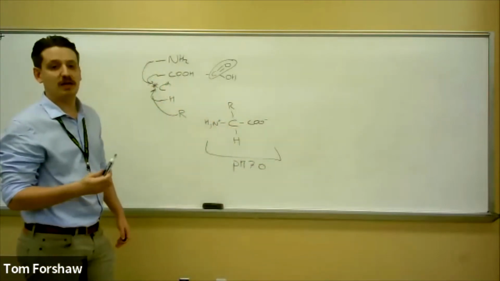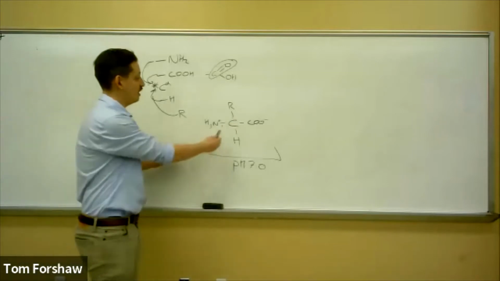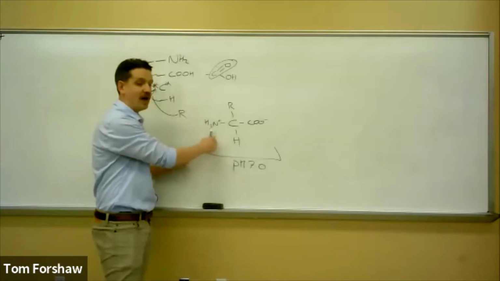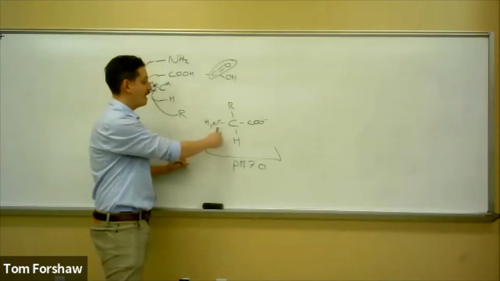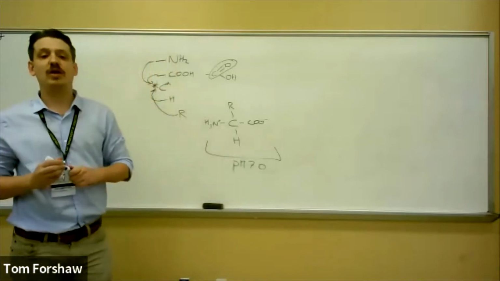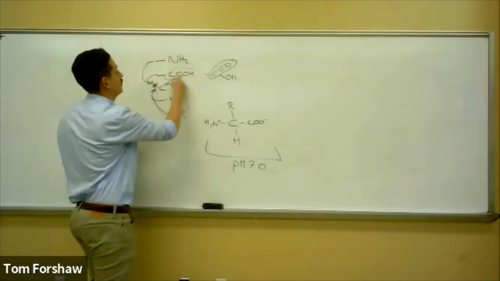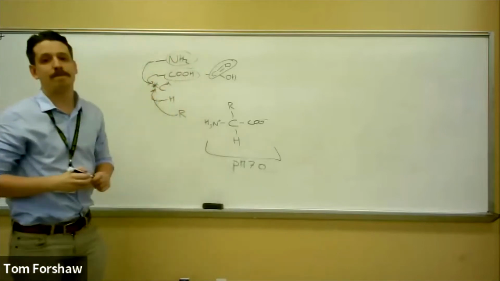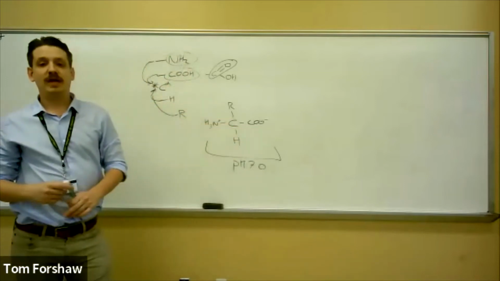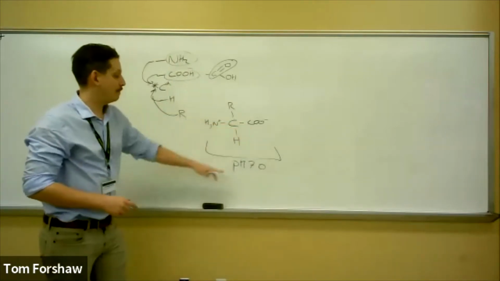An amine group such as this at pH 7 will have an extra proton, giving it a positive charge, and a carboxylic acid group at pH 7 will lose a proton. From their uncharged forms, the carboxylic acid will lose a hydrogen in order to become the charged species at pH 7.